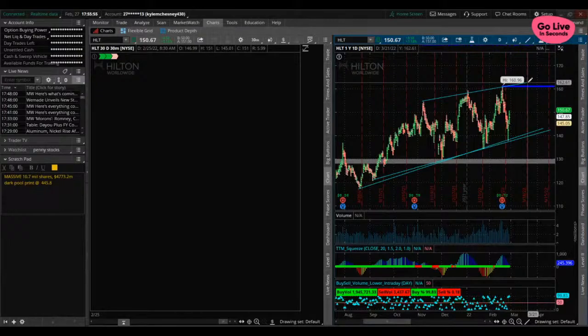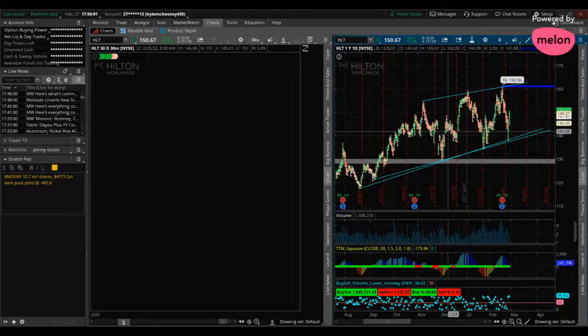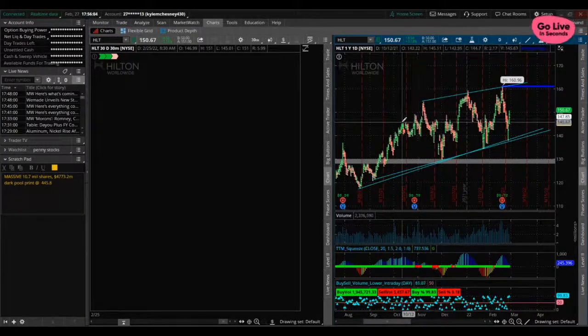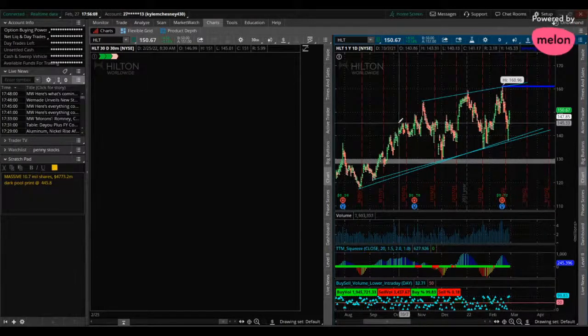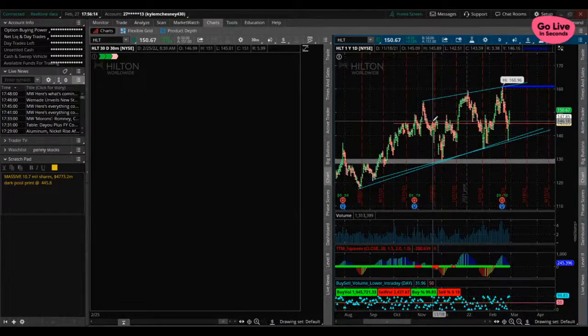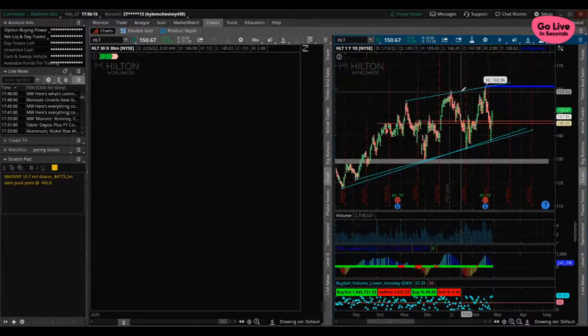Okay, so we are seeing a nice channel start to form here. Still drawing my levels. Let's see what else do we got going on here. Let's see that as well.